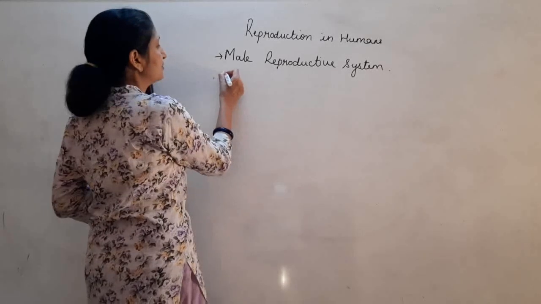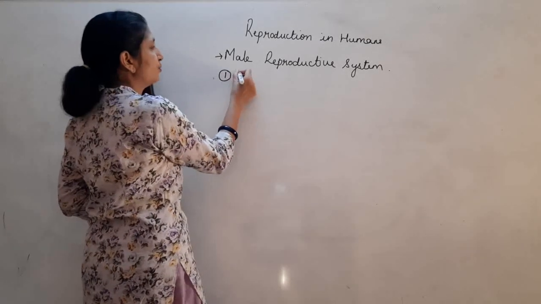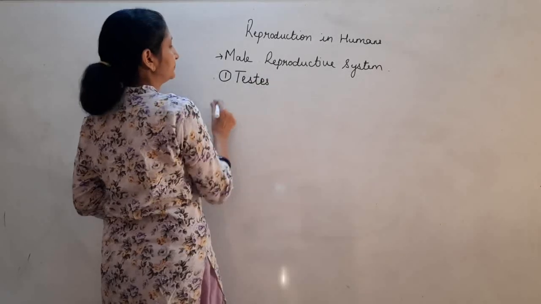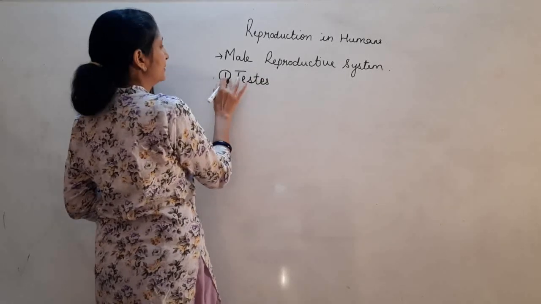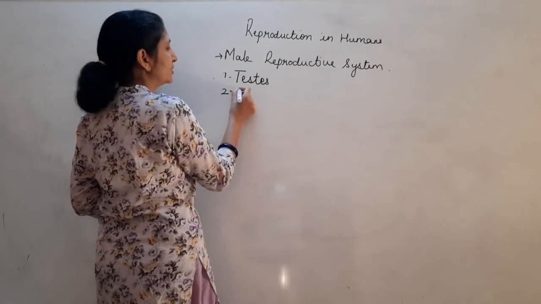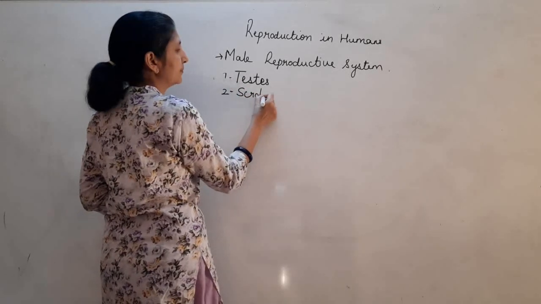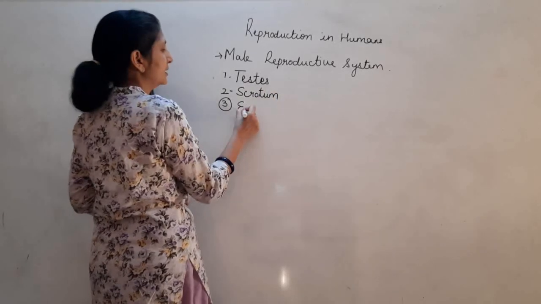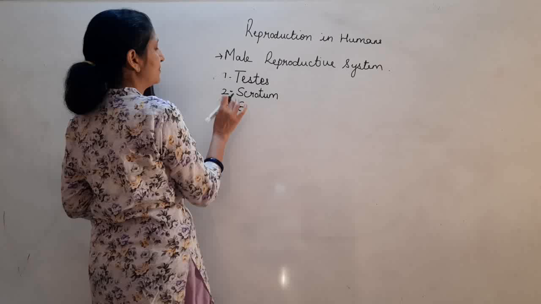अब मेल रिप्रोडक्टिव सिस्टम में अगर हम पार्ट्स पढ़े तो फर्स्ट इज टेस्टिस, second, we would be talking about scrotum. Third part is epididymis.